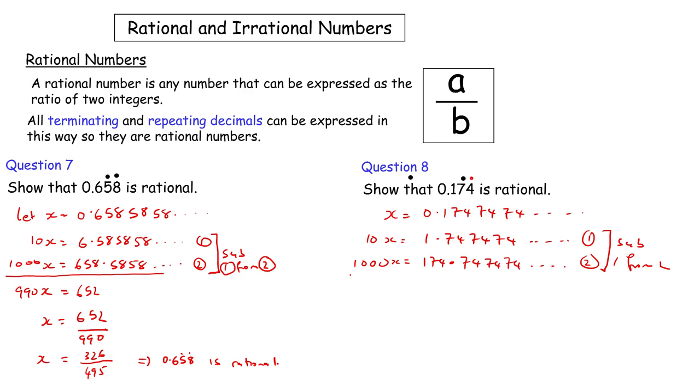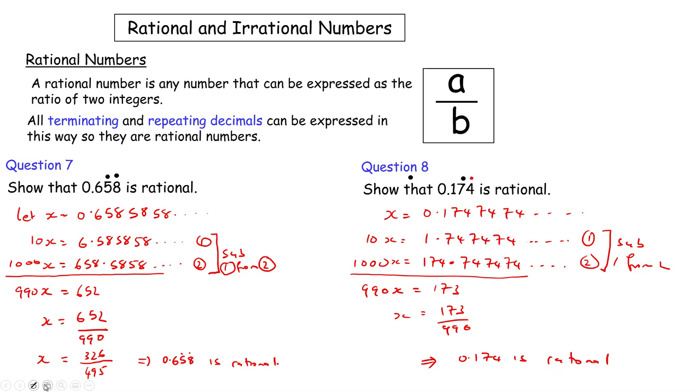And that gives me 1000 take away 10, 990x is equal to 174 minus 1, 173, because the decimals cancel each other out. So x is going to be equal to 173 divided by 990, which means that 0.174 is rational.